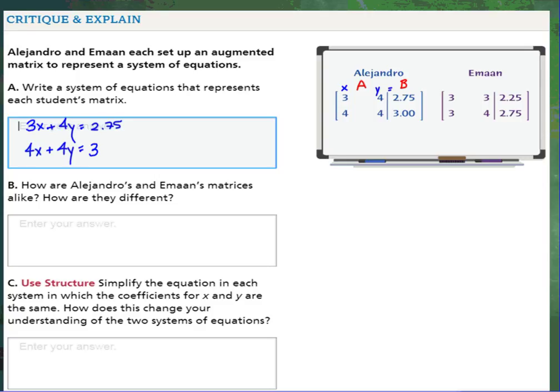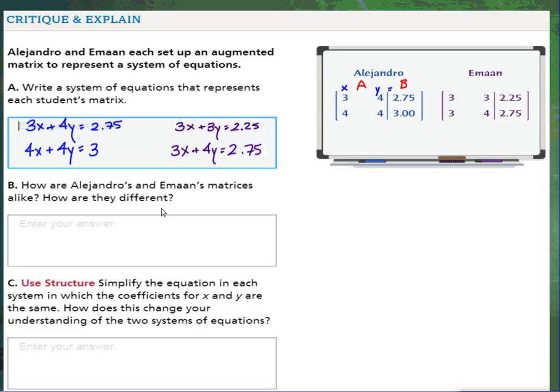Okay, and then Iman has 3x plus 3y equals 2.25 from this line, and then his is 3x plus 4y equals 2.75.